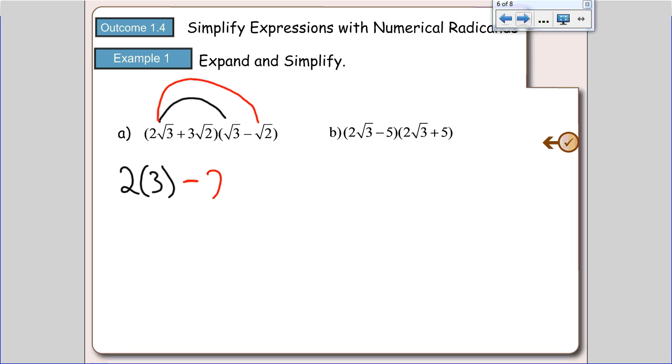What happens when we have root 3 times root 2? Got it. It's just root 6. So if we put that down over here, we have root 3 times root 2. That's way back at the very original thing that we did in this unit. Root 3 times 2. It's just root 6.